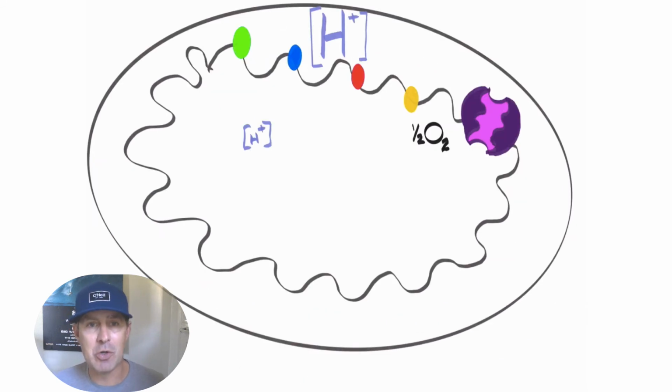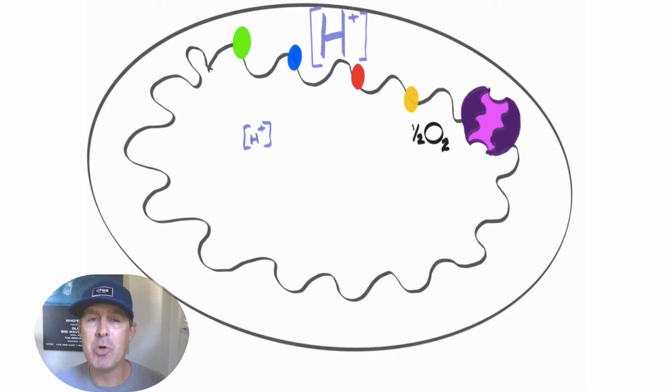Well, the ultimate goal is to push the hydrogen ion into the intermembrane space where there's a higher concentration of the hydrogen ion. As we see here, there's a low concentration of the hydrogen ion in the matrix, a much higher concentration in the intermembrane space.